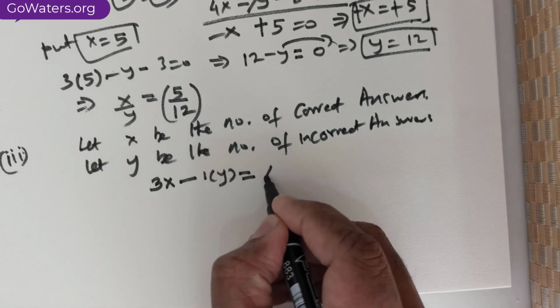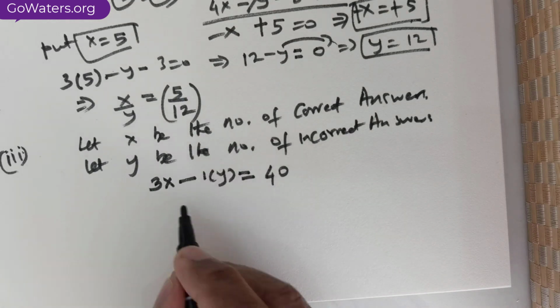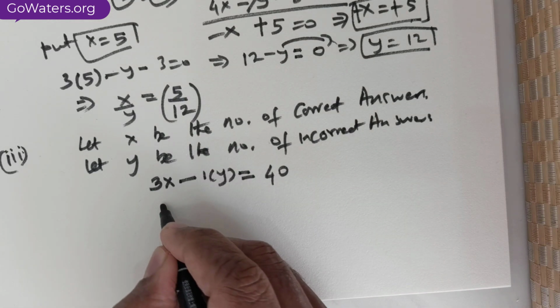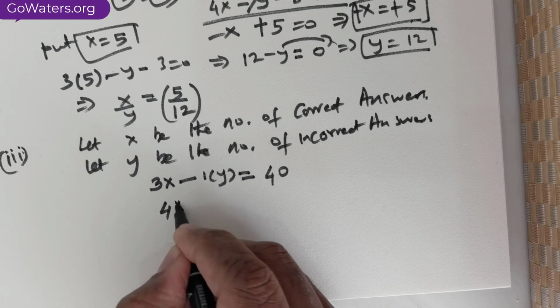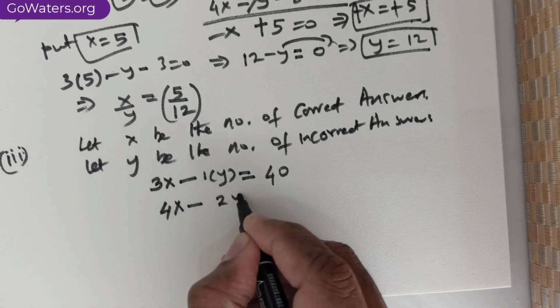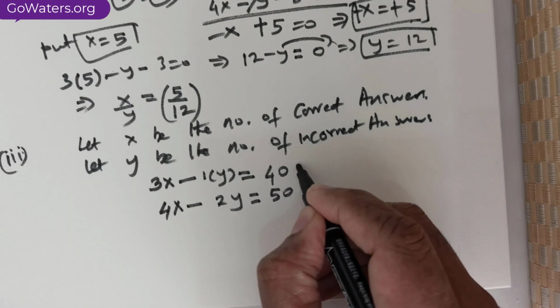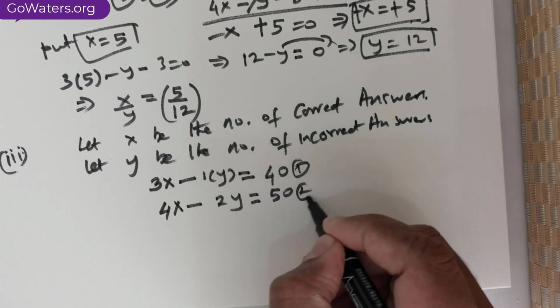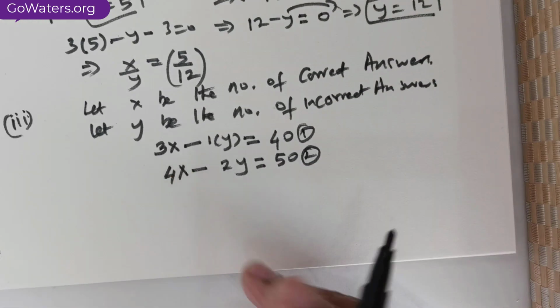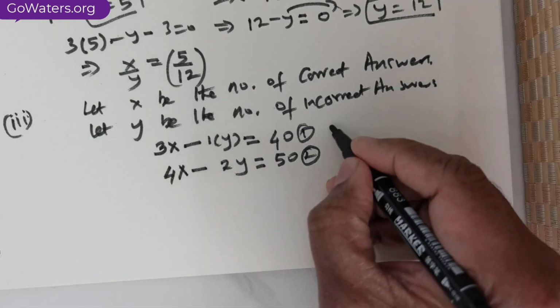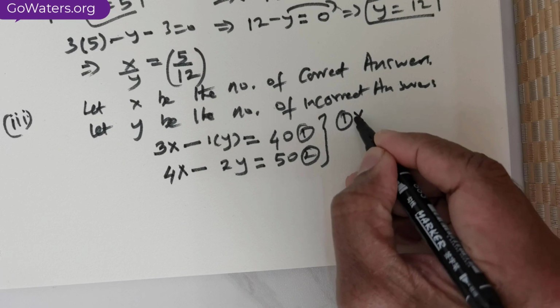So in all he has got 40. So this is the equation for the first part. Second part, if he had been given 4 marks and penalized 2 marks, then he would have got 50. So this is equation 1 and equation 2. Now what I'm going to do is I'm going to take equation 1 and I'm going to multiply by 2.